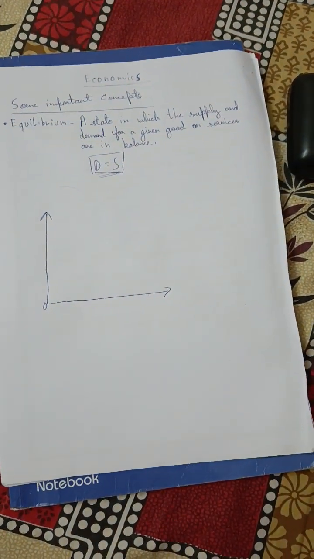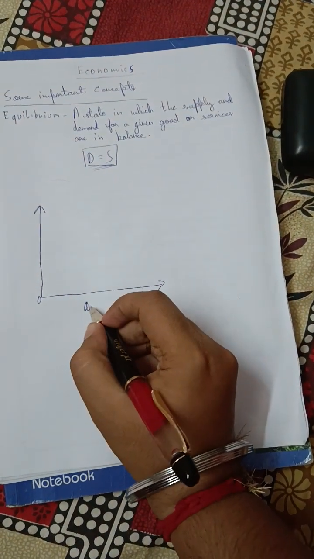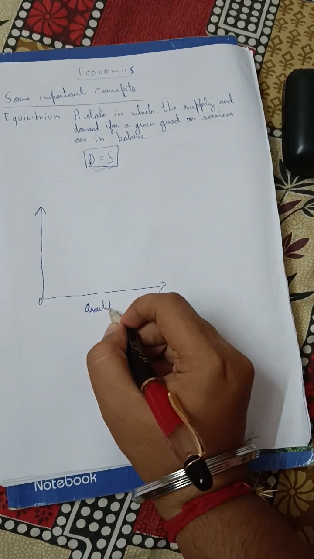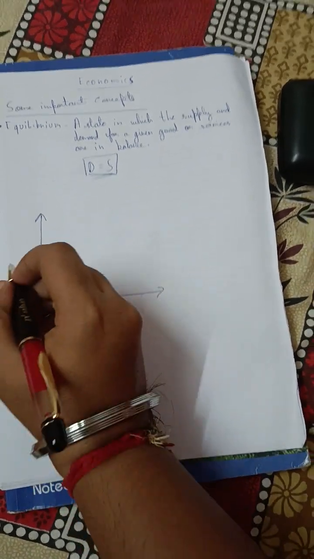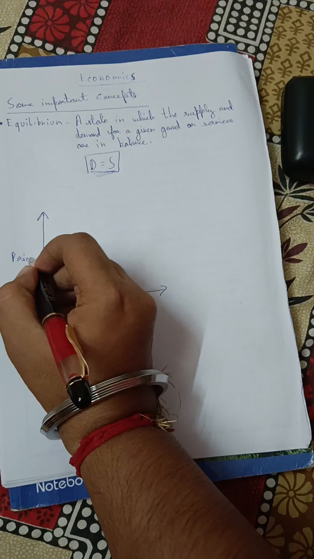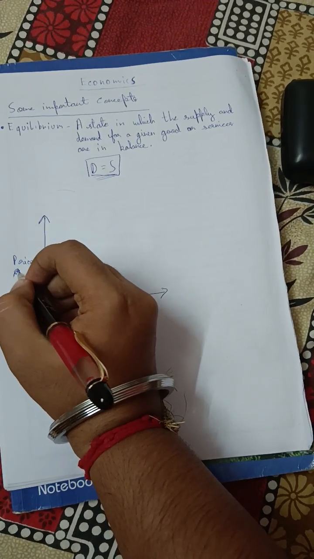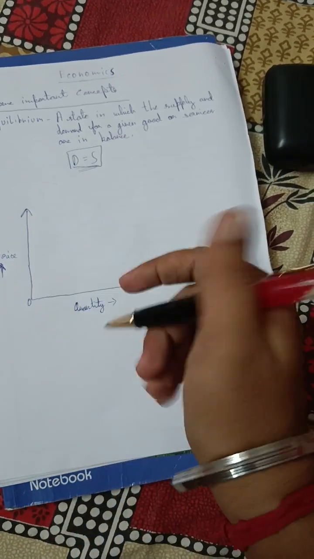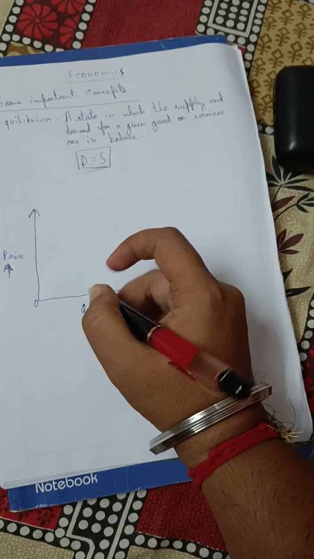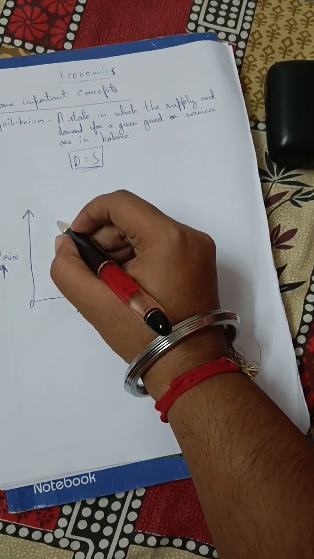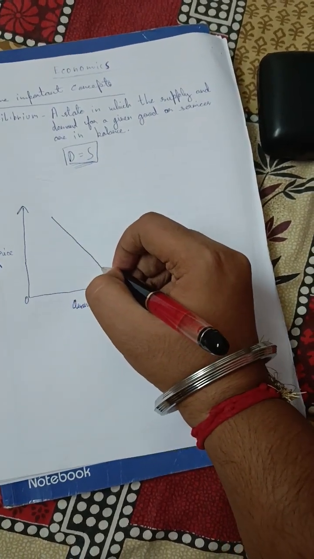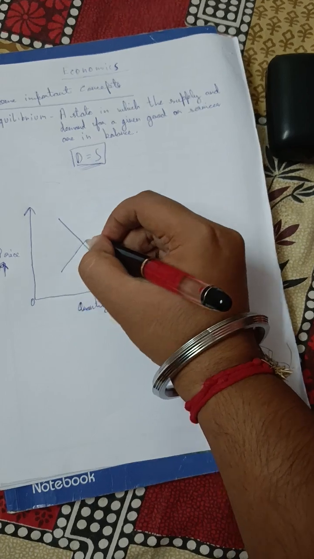So in this way, here will be quantity, and price. Okay, and the diagram will be, first, you know, the demand curve will be like this, and the supply curve will be like this.